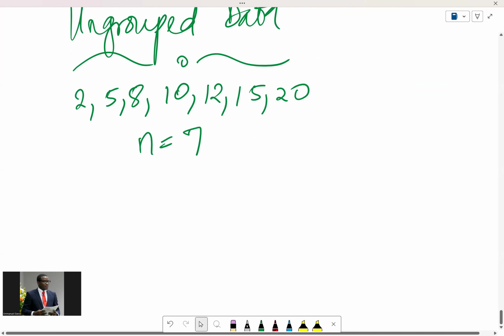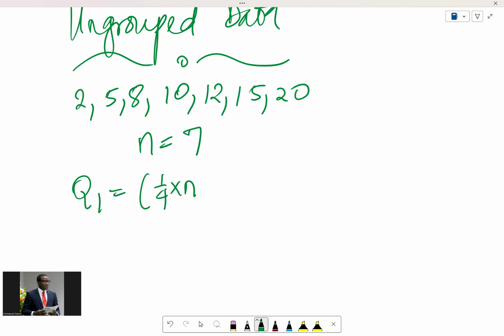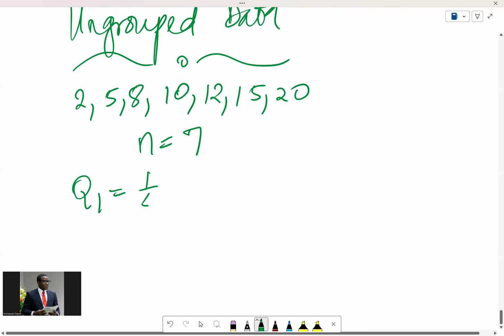Okay. So now how do we calculate Q1? That's the first quartile. It is 1/4 times n plus 1, and that is the position.